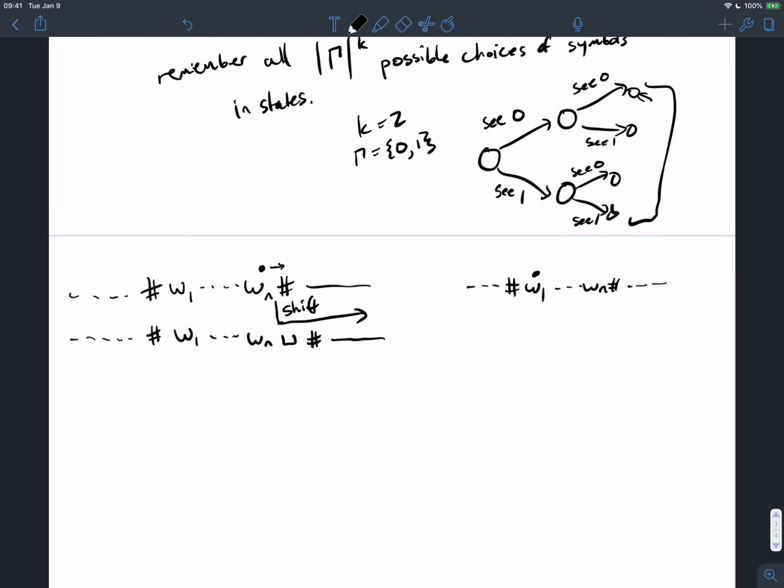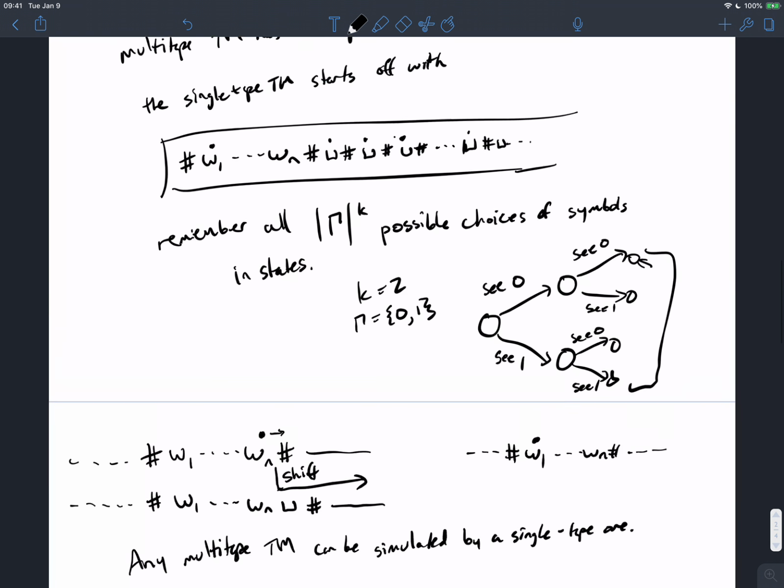So in fact, any multi-tape Turing machine can be simulated by a single tape one. Which is pretty cool.